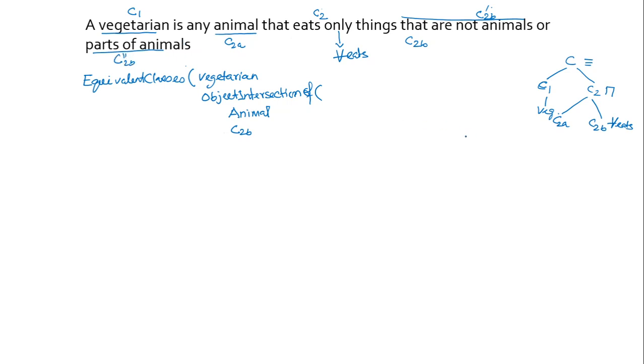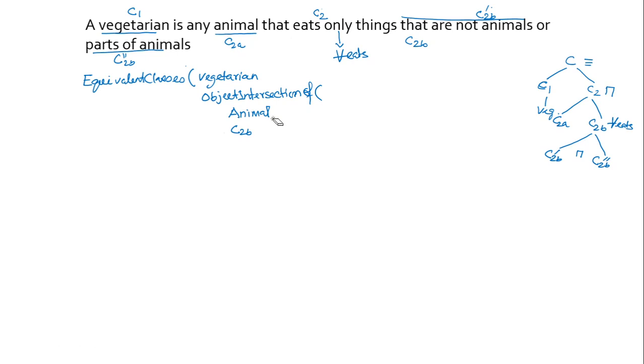So we'll have two class expressions, C2B prime and C2B double prime, and they will be conjoined with something called intersection. So things that do not eat animal as well as parts of animal. This is the sense that we are trying to represent.